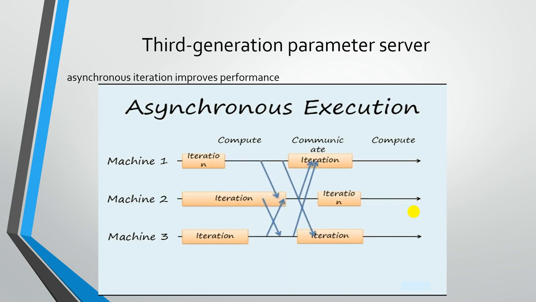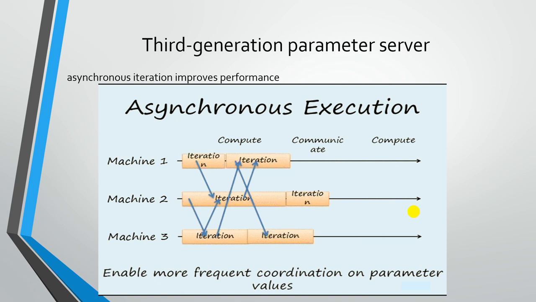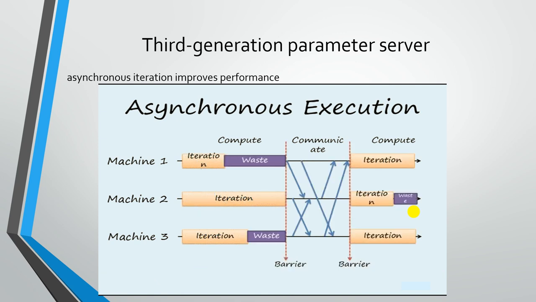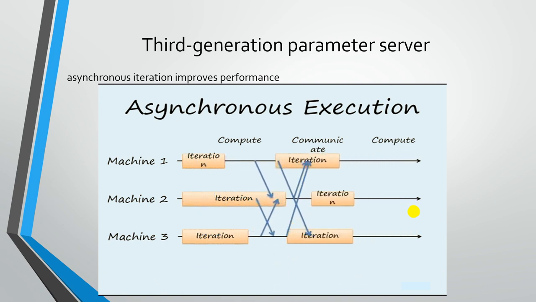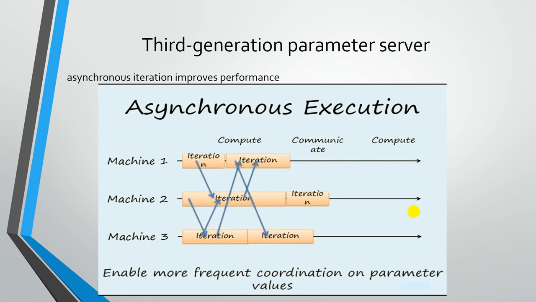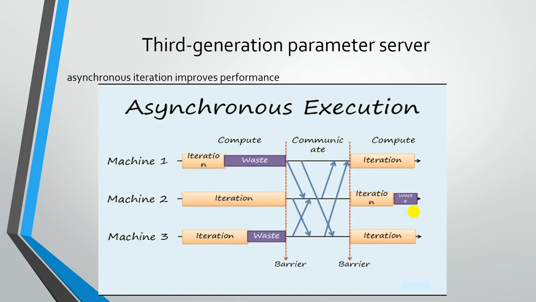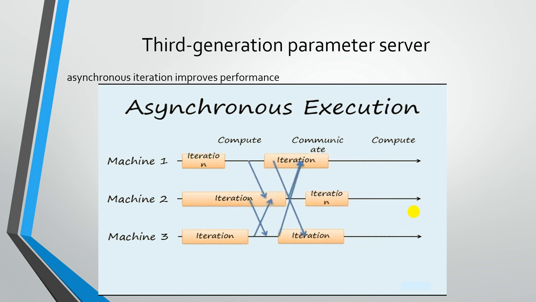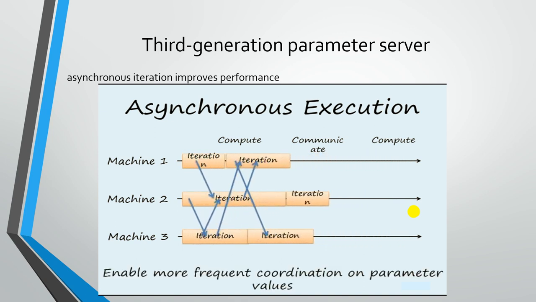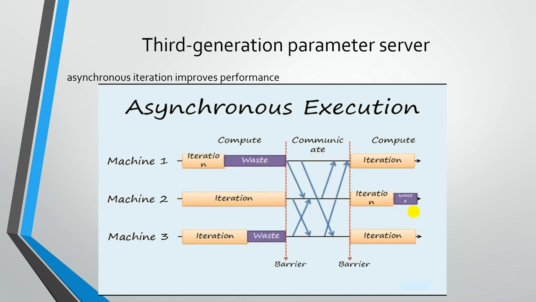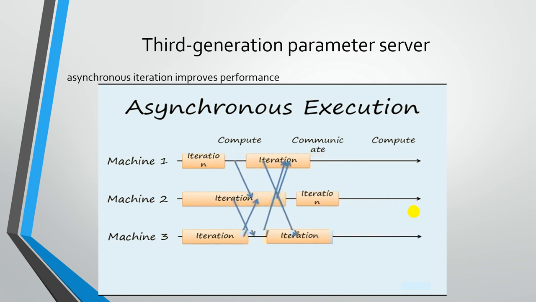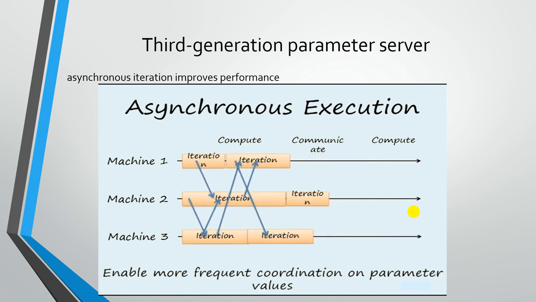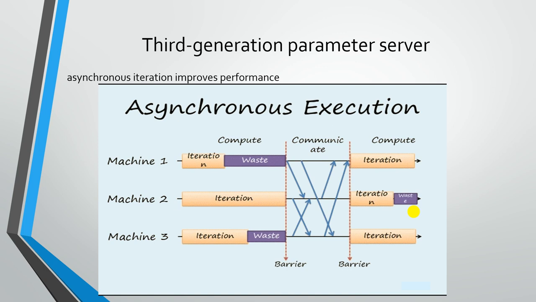If you look at this animation, we can clearly see that machine 1, after completing the first iteration, doesn't need to wait for the other machines to finish their work to communicate. They can just send the message to the other machines and go on to the second iteration.